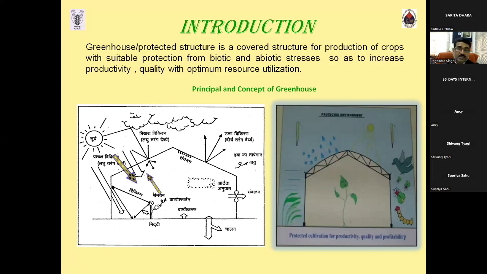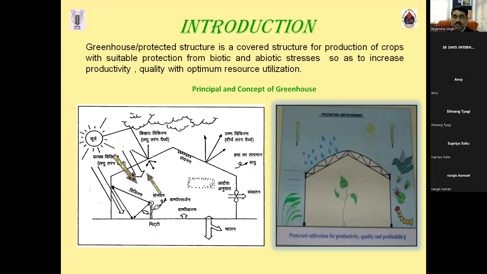So why do we say protected cultivation, and why do we say greenhouse? Because the installed structure is known as a greenhouse, as it works on the greenhouse effect, short wavelength and long wavelength.